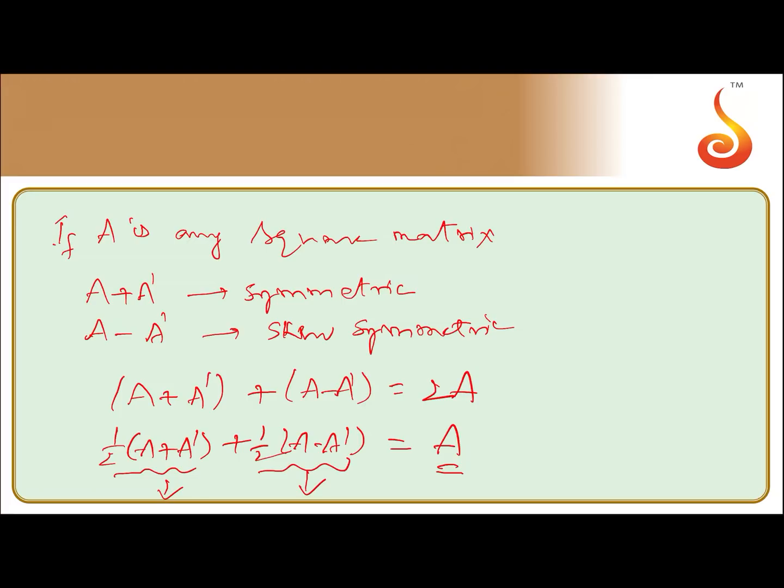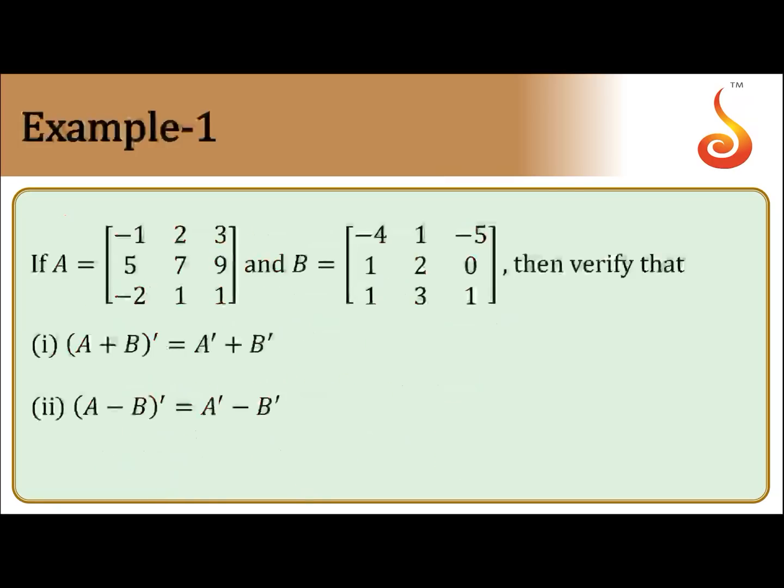That's it. But remember one point, this condition is valid for any kind of square matrix, A need not be symmetric or skew symmetric. It could be any matrix, in fact. Is it okay? Right. Let's proceed.